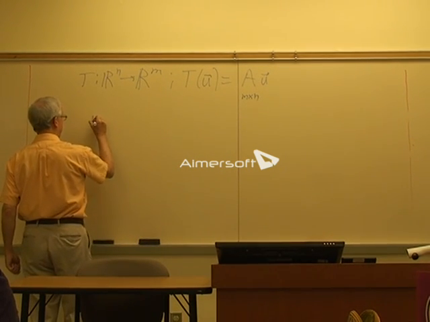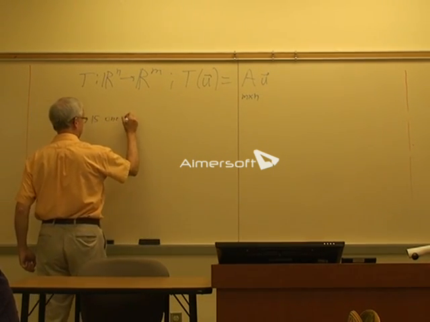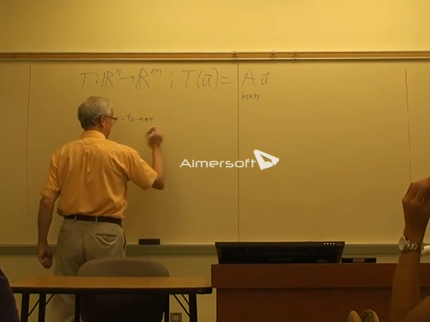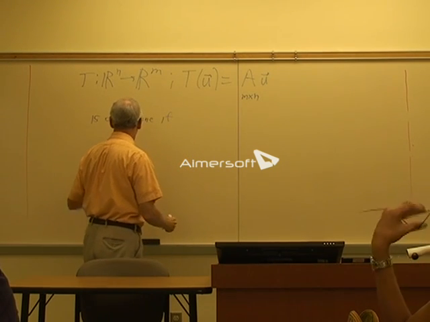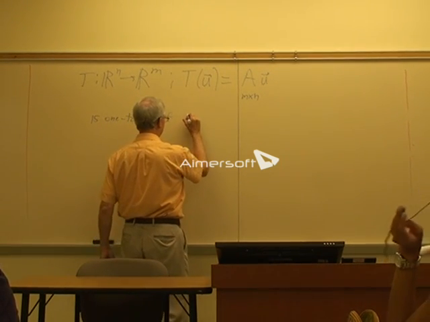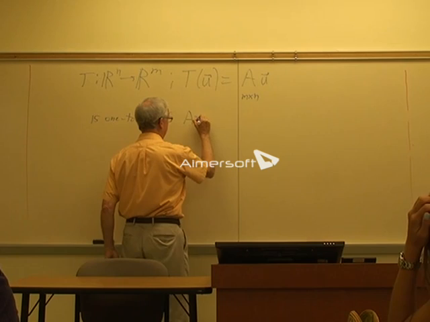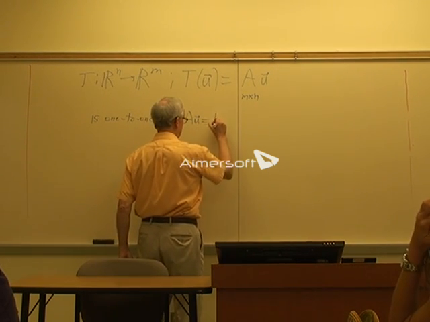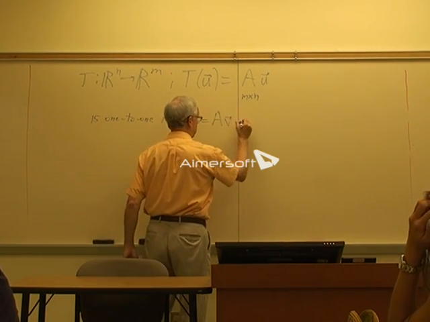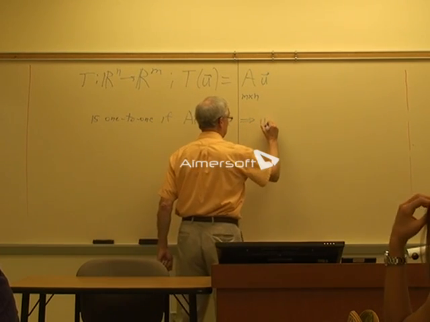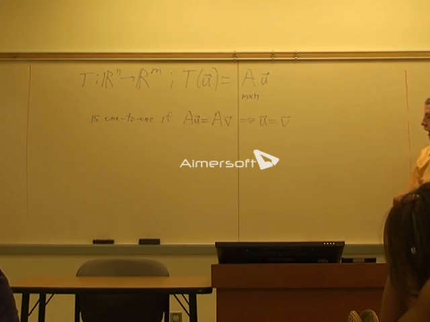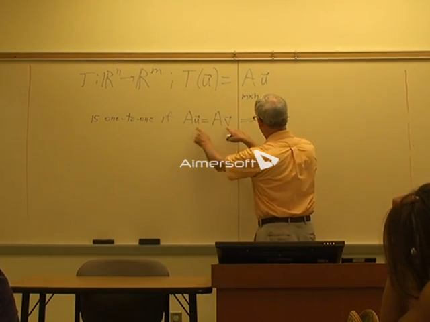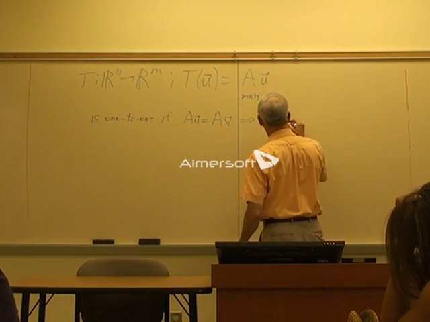This linear transformation is one-to-one if and only if, it's one-to-one if Au equals Av implies u equals v. That's what we said one-to-one is. I can't map two different things to the same place.